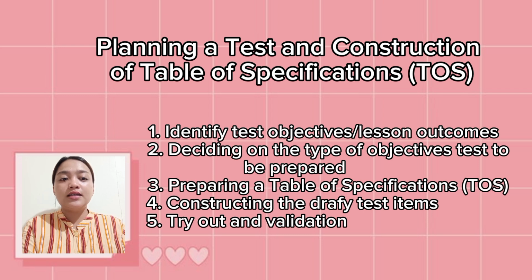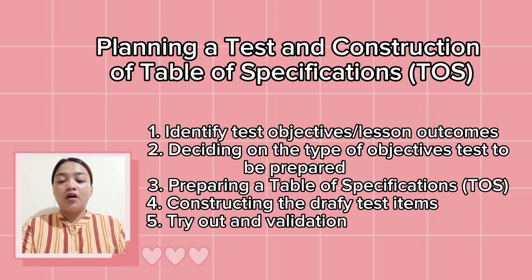Second one is deciding on the type of objective test to be prepared. So the second thing nga plano nga buhaton sa teacher is mag-decide siya kung unsa jud ang iyang klase nga objective gamiton, either matching type or multiple choice. The third one, preparing a table of specifications or TOS.